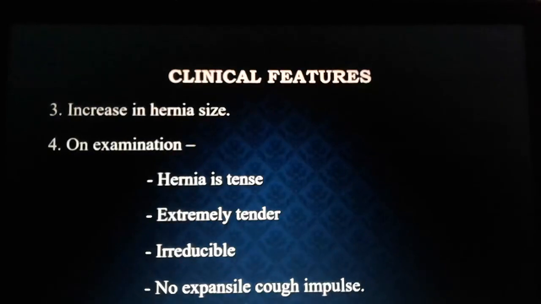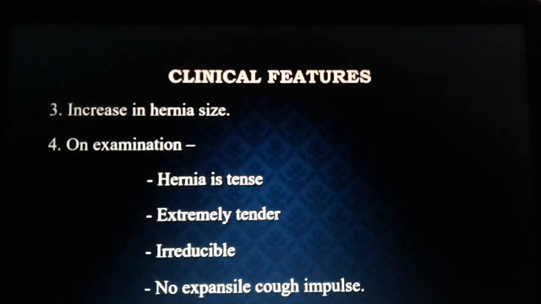Normally any reducible hernia has a cough impulse that is expansile, which can be felt. But if the hernia is strangulated, there is abolition of cough impulse. If the hernia site is tense, tender and irreducible, very likely we are dealing with a strangulated hernia, so urgent surgical intervention is required.